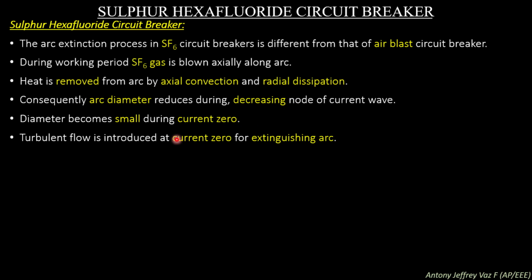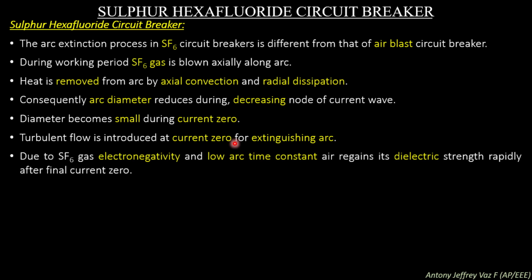Turbulent flow is introduced at current zero for extinguishing the arc. At current zero position, the arc present in the circuit breaker will be interrupted due to a very high turbulent flow of gas. Due to SF6 gas electronegativity and low arc time constant, the gas regains its dielectric strength rapidly after the final current zero position.